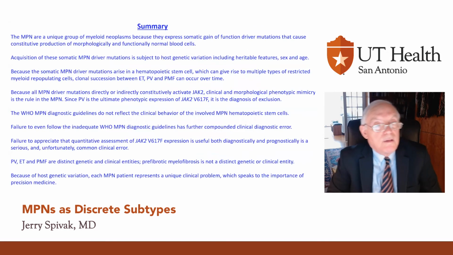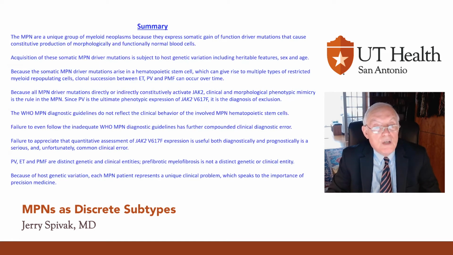So in summary, the MPN are a unique group of myeloid neoplasms because their gain-of-function driver mutations cause production of normal blood cells. The acquisition of these mutations is subject to host genetic variation. Because the mutations are present in the hematopoietic stem cell, you can get multiple restricted myeloid repopulating cells and clonal succession between these three diseases over time.